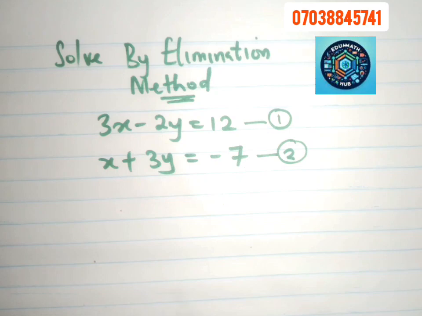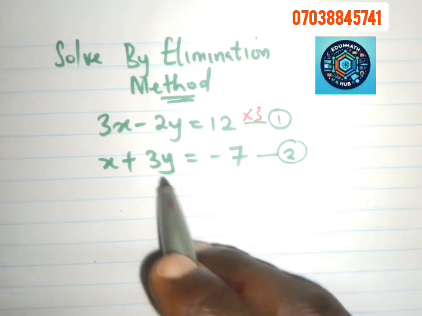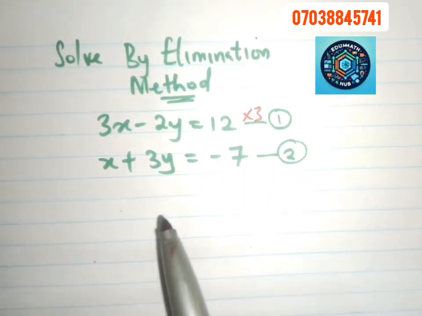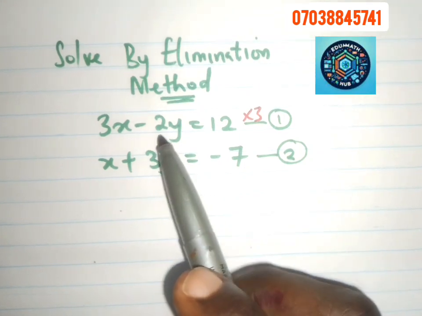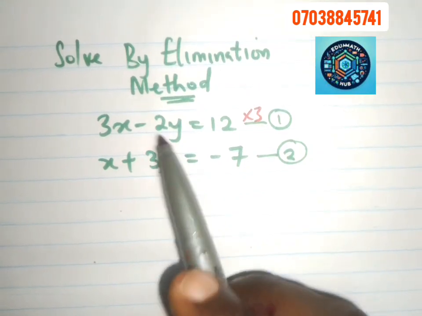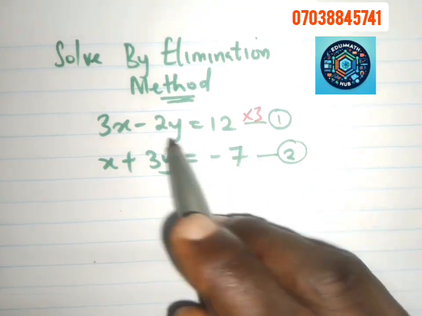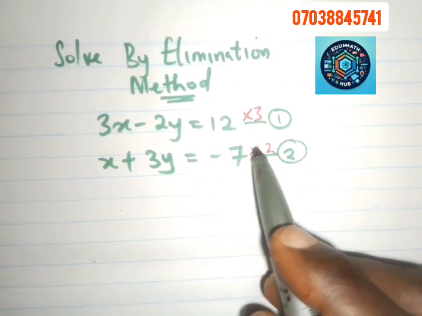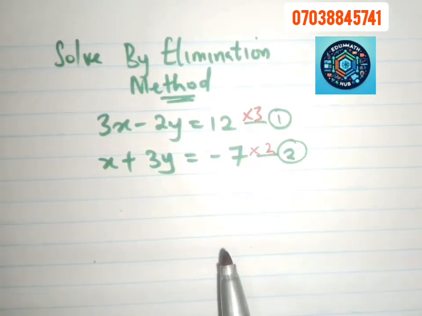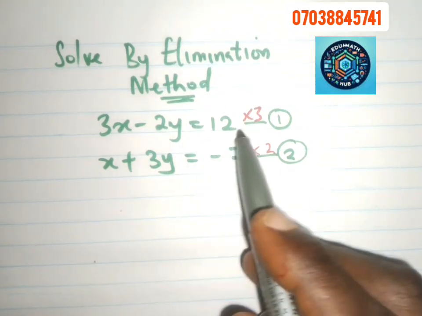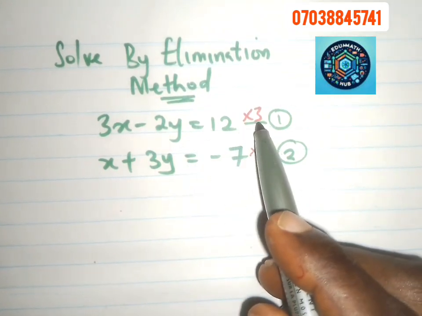So this equation 1, you come here, you write times 3. Okay, times 3. Then you use 2. Not the sign, not minus 2. Just 2. Okay. You use 2 to multiply everything here. Not minus 2. Just 2. Then if you do that, let's do the first one. Use 3 to multiply everything here.